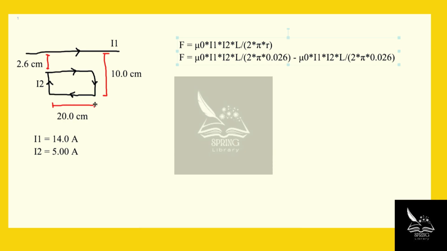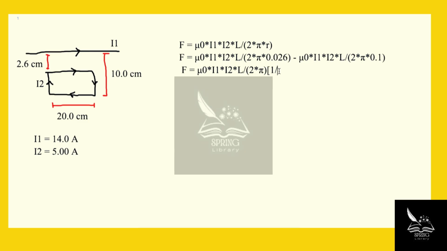For the bottom wire, everything is the same. We have the same current, except it's going in the opposite direction, which is why we bring in this negative sign. And now the distance is 10 centimeters, so 0.1 meters. We can simplify this a bit before we plug in everything, because we have this factor of mu naught I1 I2 times L divided by 2 pi in both of these terms.